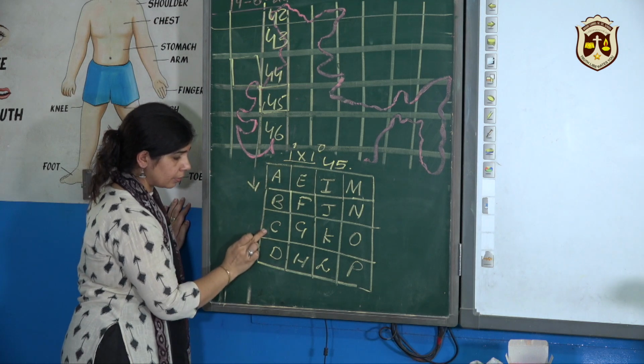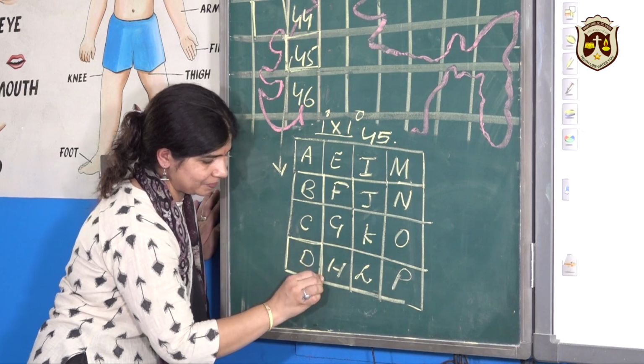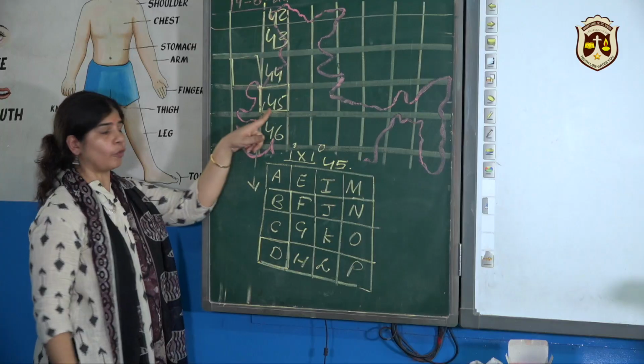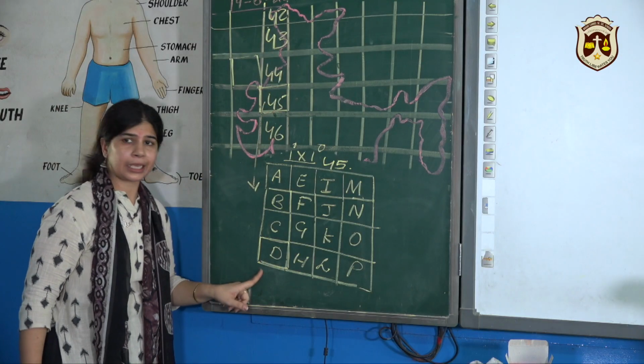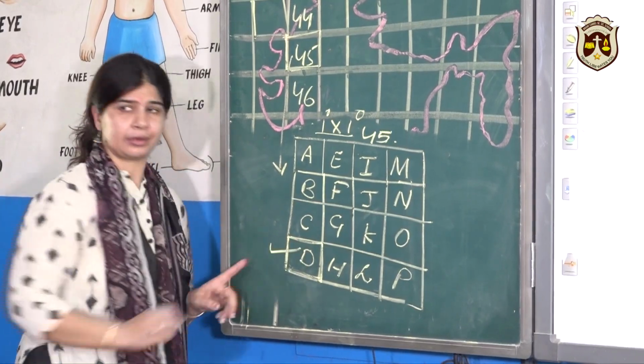Now which area is in your syllabus? That is the D part. We have 45 number with D part. Only this area we will study in 10th standard.